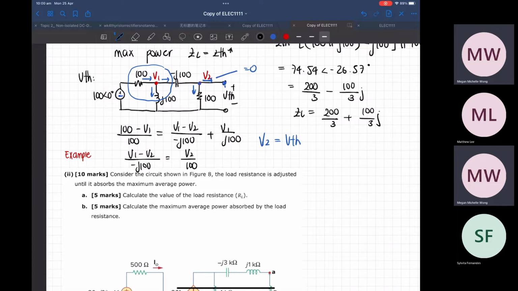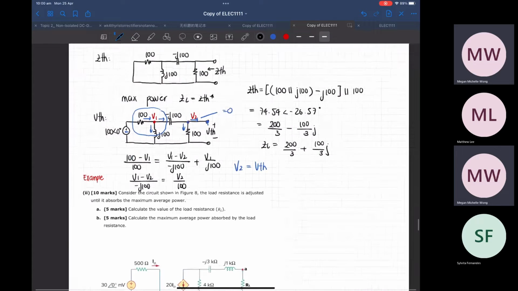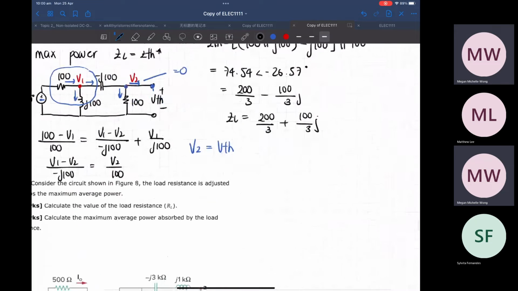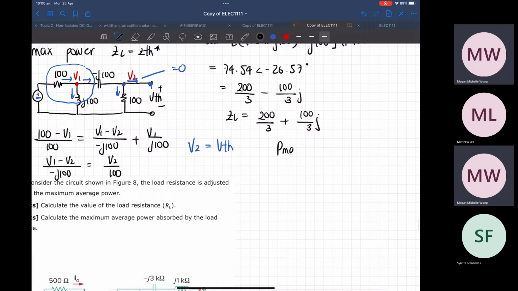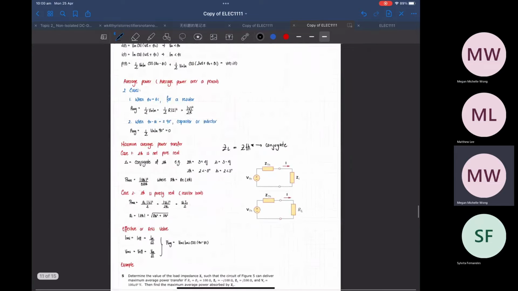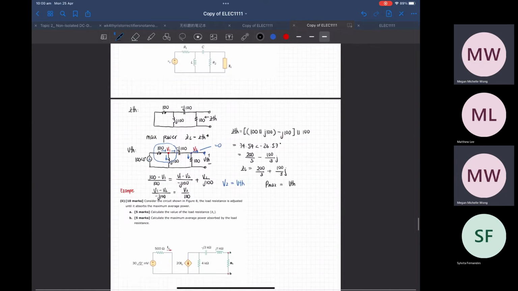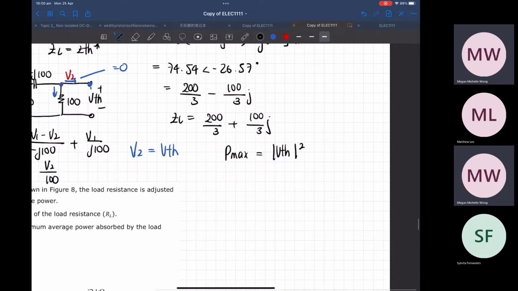So after you get that V Thevenin, you just apply the formula of P max equals, oh, let me check, V Thevenin modulus squared over 4 RTH. So the RTH in this case is your 200 over 3, the real part of your ZL.